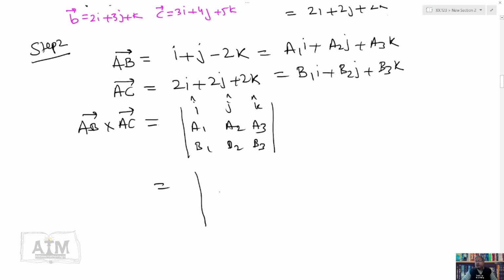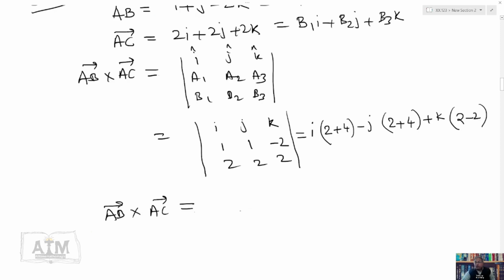This is equal to i, j, k, and here is 1, 1, minus 2, and here is 2, 2, and 2, which on expansion of the determinant gives AB cross AC equals 6i minus 6j plus 0k.